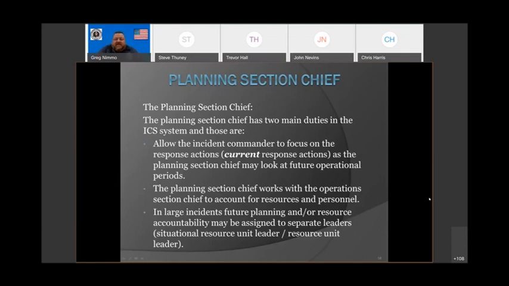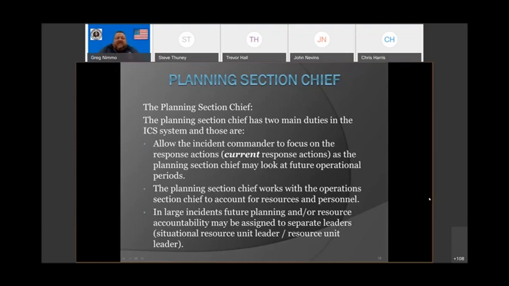I understand as command, when you're on the ground making decisions with the operations section in a larger response, you're focused, you're tunnel vision, you're stuck in there. You're trying to keep that big perspective of the whole train, looking from the engine to the caboose, not just a few cars, but you really get focused on what's happening there. You just don't have the ability to look at what's going to happen 4, 6, 8, 10, 12, 24 hours from now. That's what planning does.